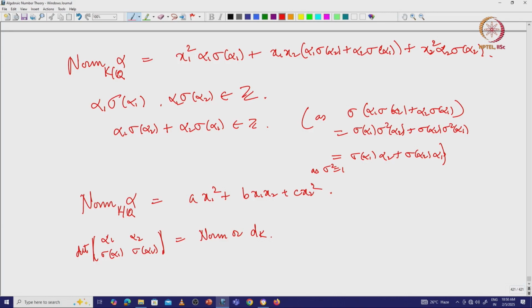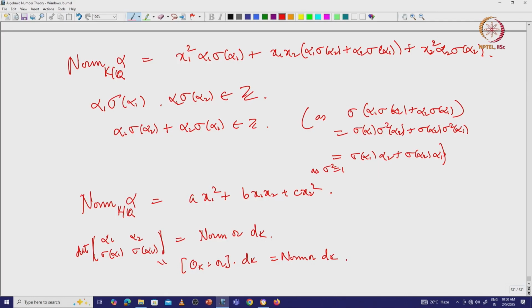Well, this is kind of obvious, because this will be equal to whatever the index of A in OK is times the discriminant, and this index is the norm of A times the discriminant of K.